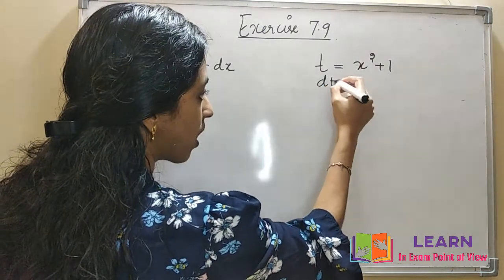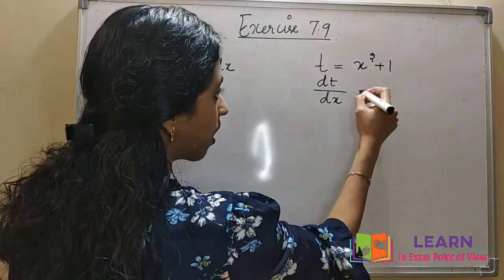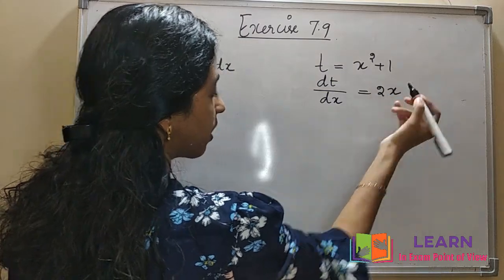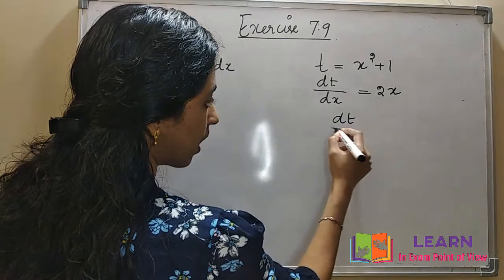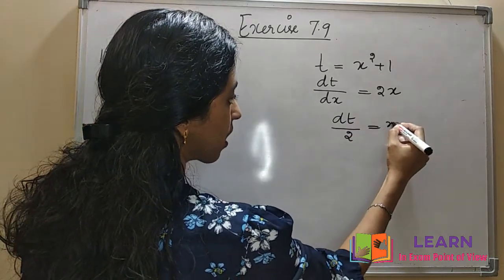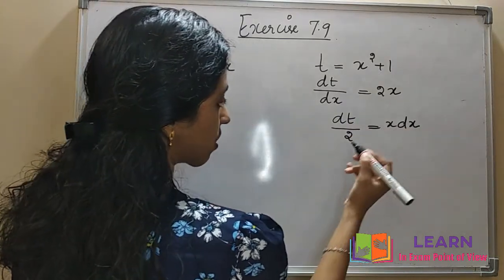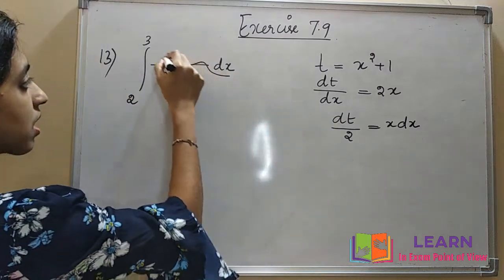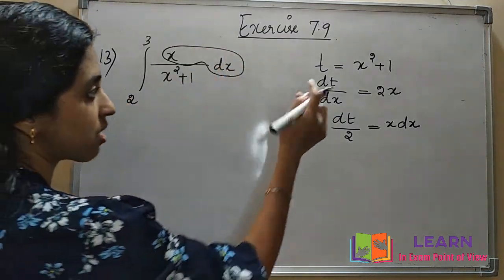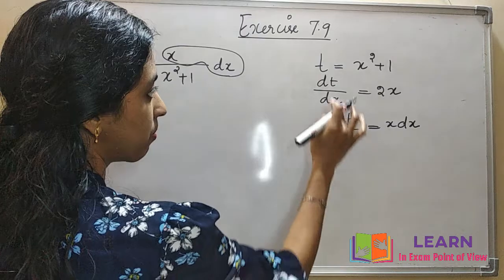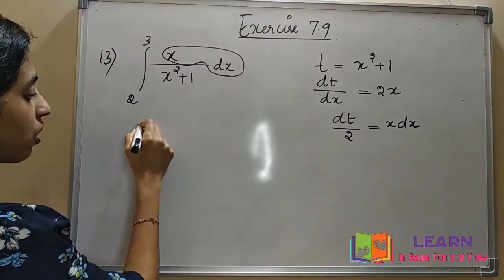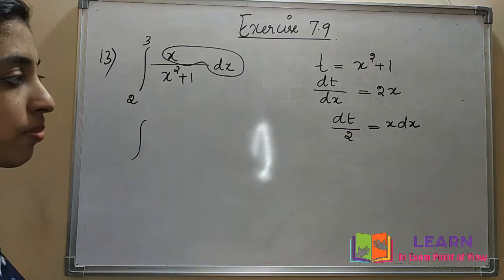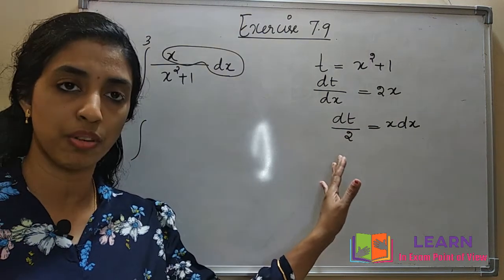Then differentiate with respect to x. What will you get? 2x dx equals dt. Then here you can take 2 to the other side, so x dx can be replaced by dt by 2, and for x square plus 1, t. So here you have substituted everything in terms of t.